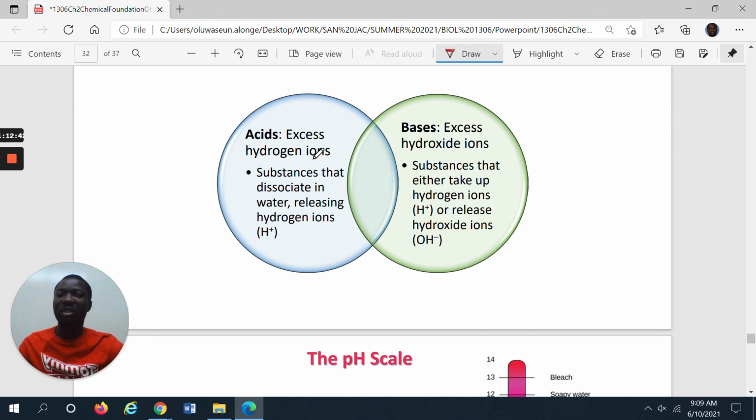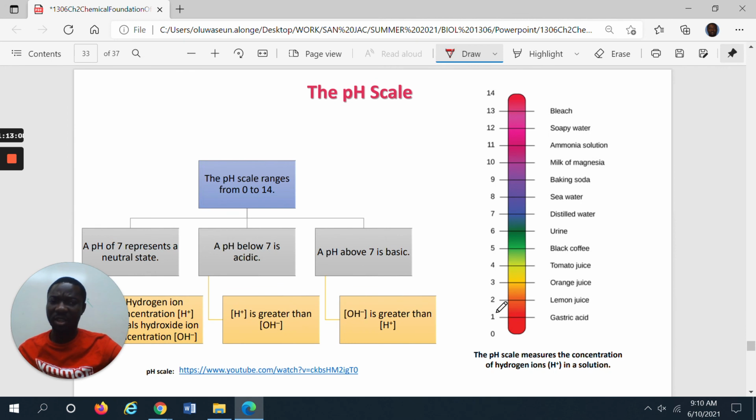Now, an acid is any substance that gives out hydrogen ions, and a base gives out hydroxyl ions. Hydroxyl is OH minus. This will make a solution more acidic, and this will make a solution more basic. The pH scale is this.